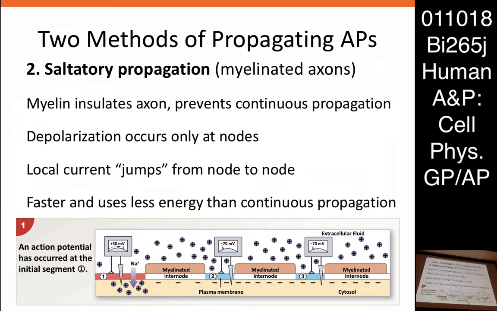So there are these nodes that happen. And the internodes are where we have the myelination. The length of the myelination is dictated by the biophysics of the system and the magnitude of the electric field that's being generated at each of the nodes. Does that make sense?